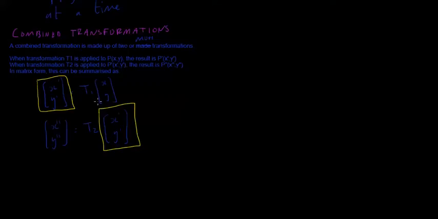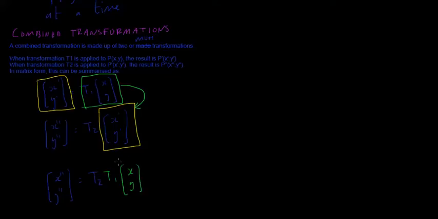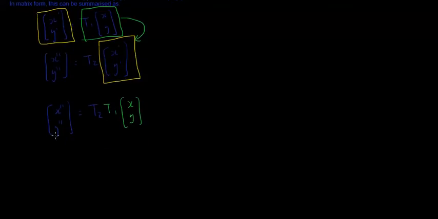Alright, so what we can do is substitute this guy into here, and what the result is, x dash dash y dash dashed is going to be equal to T2 times by this green guy, which is T1 x y.